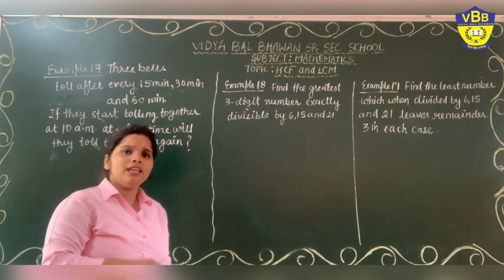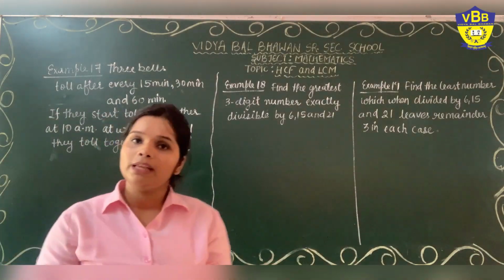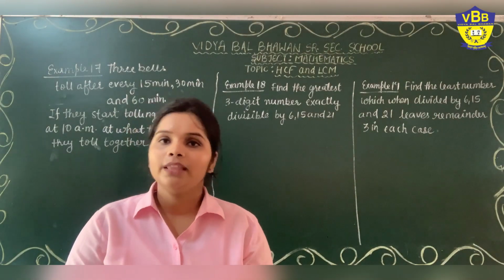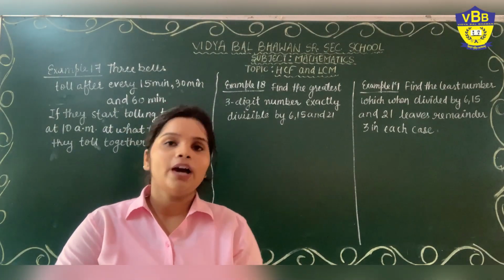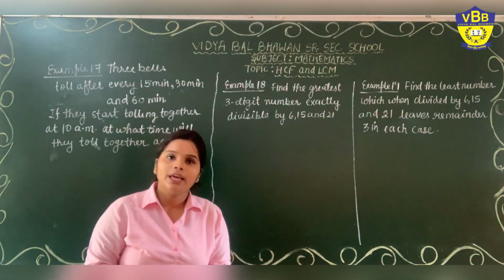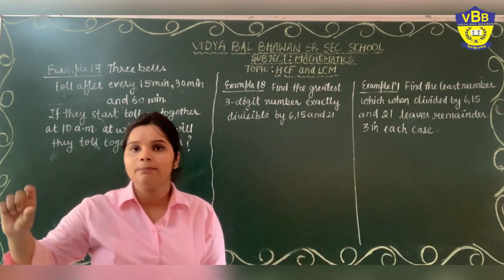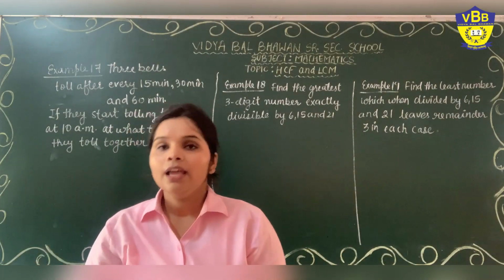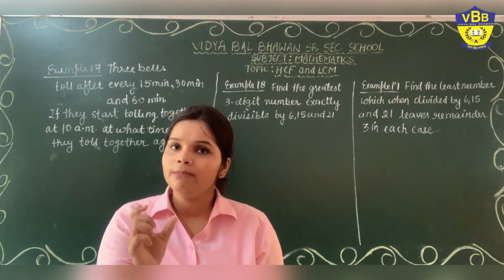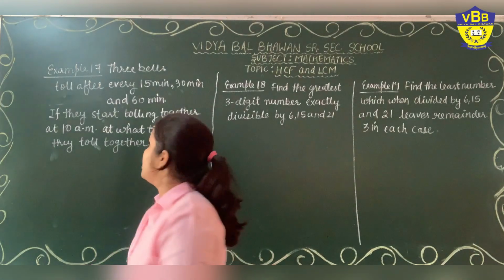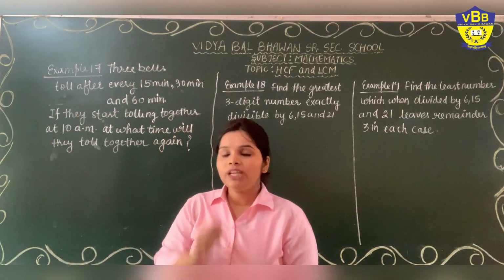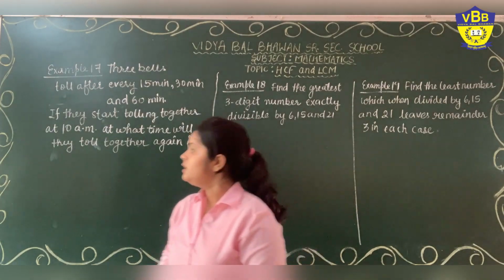Is there any condition when all the bells will ring together? That can be found out with the help of LCM. After how much time will the 3 bells ring together?